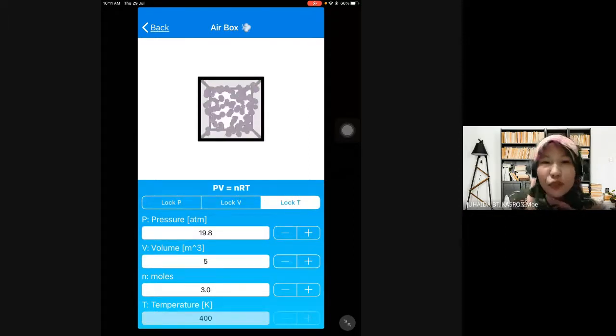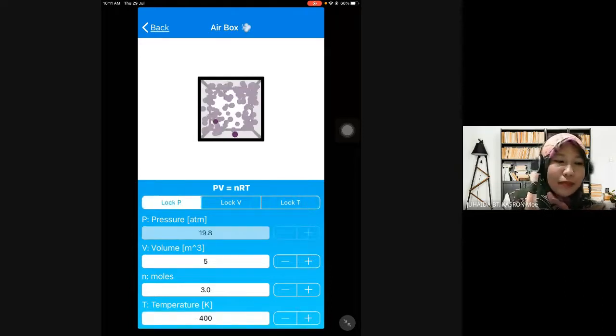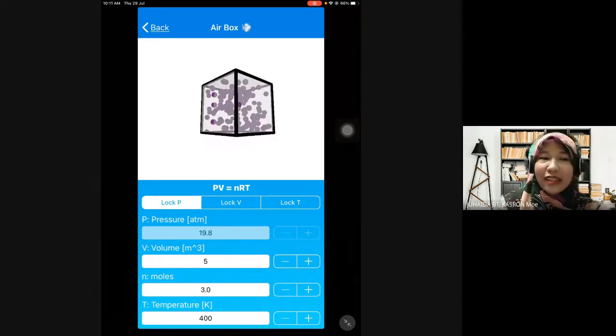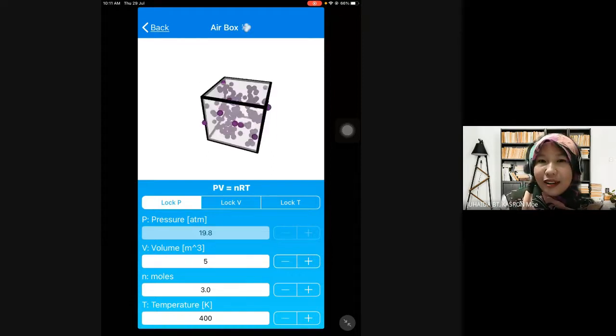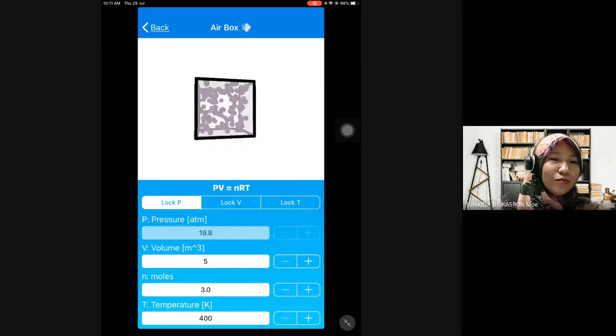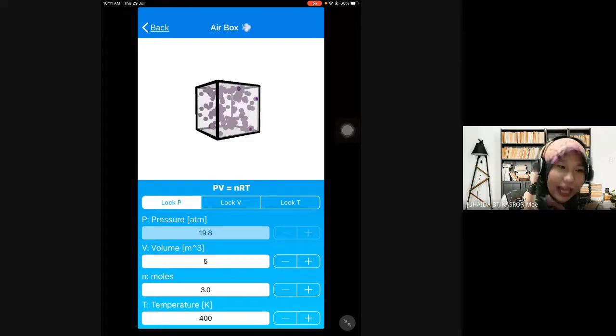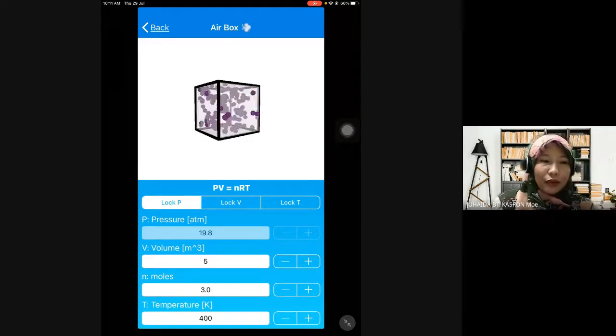So we want to play a bit around the buttons here. If you touch the box, you can move the box here and there. It is 3D. Alia has just moved the box. We want to look at what happens to the volume and the temperature, so you can play around with these buttons.